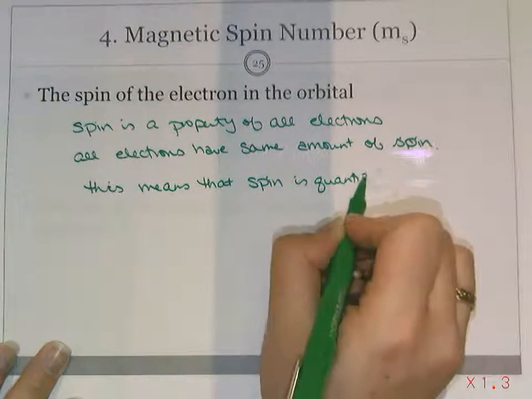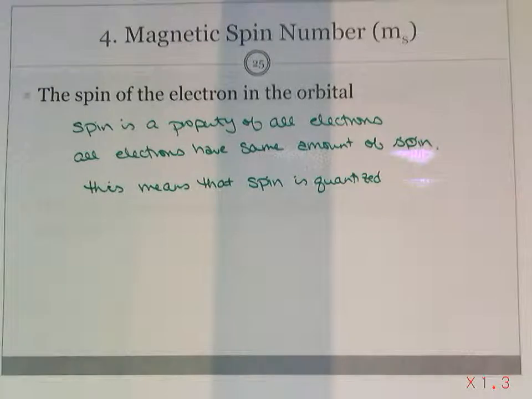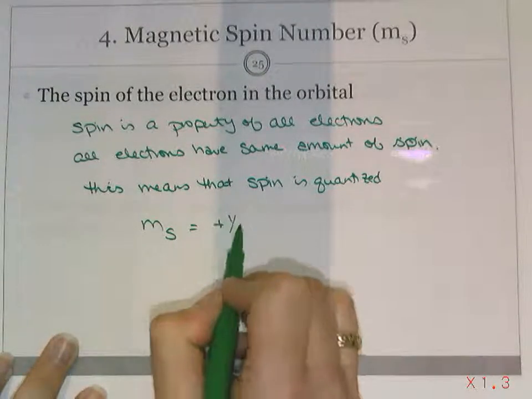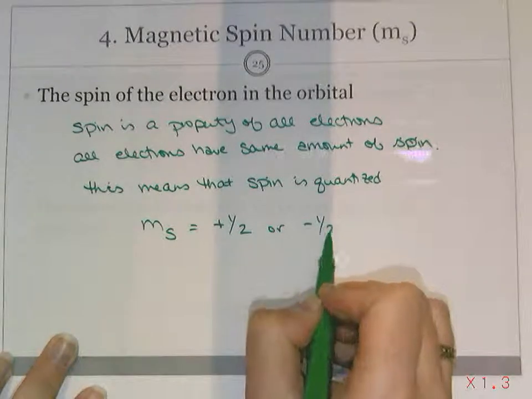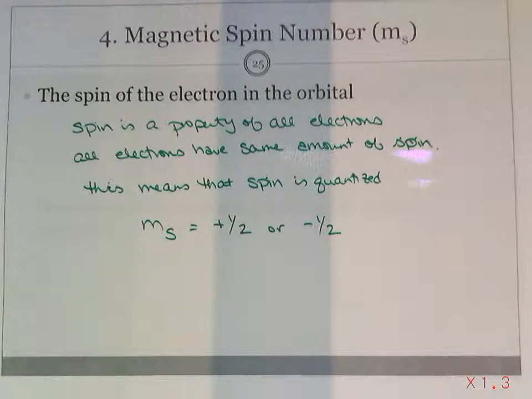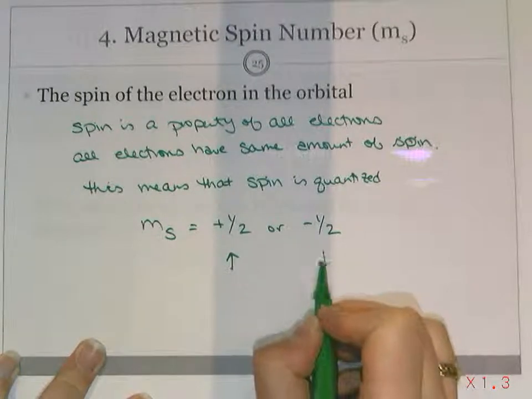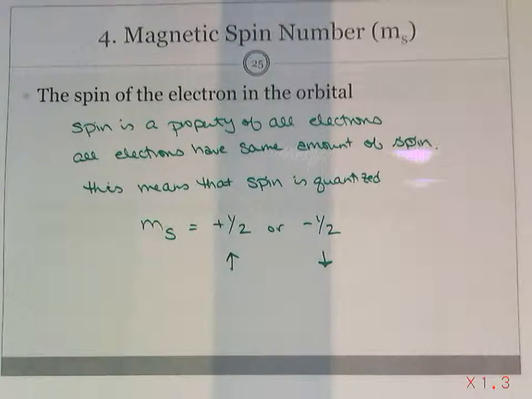Full value, 1/2. I have two to get up and down, which cancel each other.